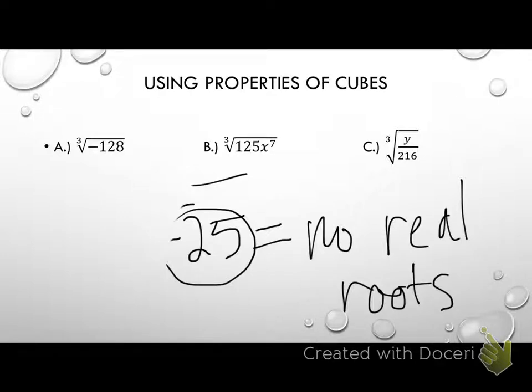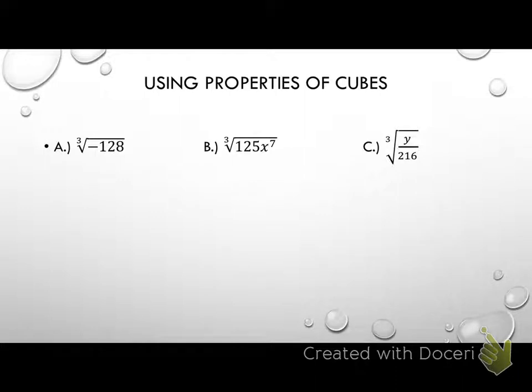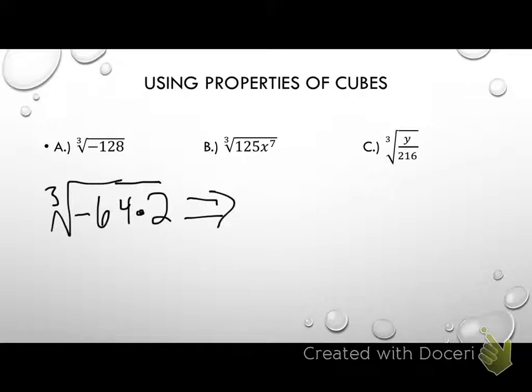We can, however, take the cube root of a negative number, because we're multiplying a number by itself twice. So, once again, we want to find the biggest perfect cube that goes into negative 128. Our biggest perfect cube that does that is negative 64. Negative 64 times 2 gives me negative 128. Now, the product property for square roots also applies to cube roots.